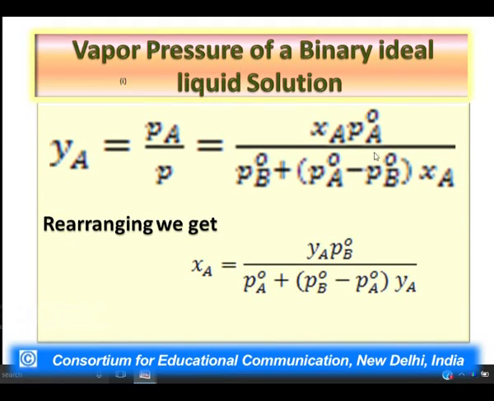So you can see there is a similarity between the two relationships, one which relates composition in vapor phase YA with composition in liquid phase. In this, PA naught XA is there in the numerator.